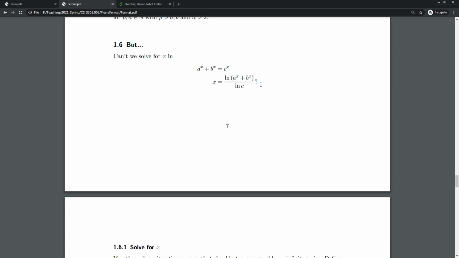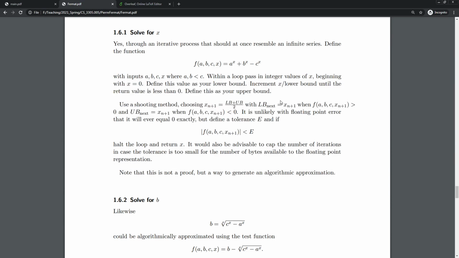Well, we solve for it algorithmically, essentially. So we want to know, x is on both sides. How do we solve for it? And so we can use something called the shooting method, and it's going to look a lot like our binary search whenever we go over that.